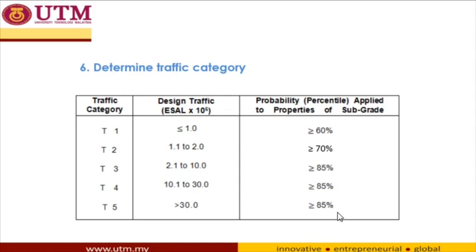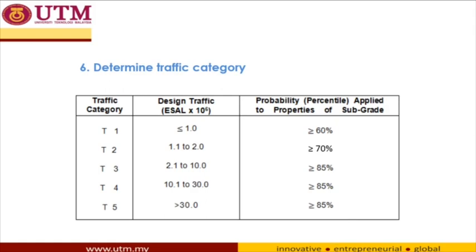In other words, we can say this probability value is like the level of confidence in our design. So the higher the design traffic, the better the design, which is reflected by this probability value. Logically, of course, you need to provide a better design with higher thickness or better quality materials to cater for larger traffic volume.